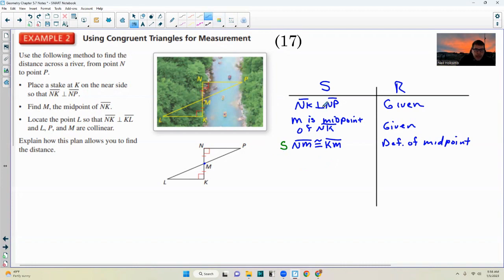Okay, so since NK is perpendicular to NP, locate a point L so that NK is perpendicular to KL. So I could also put a comma here and say NK perpendicular to KL. That was also given. So now I can say angle N and angle K are right angles.